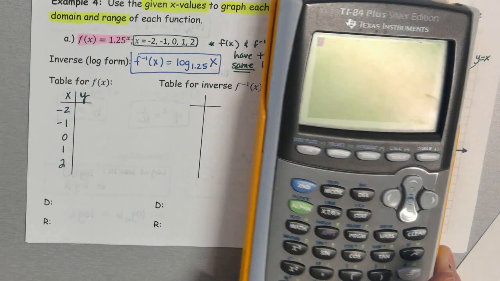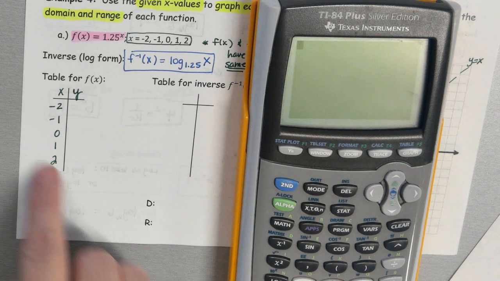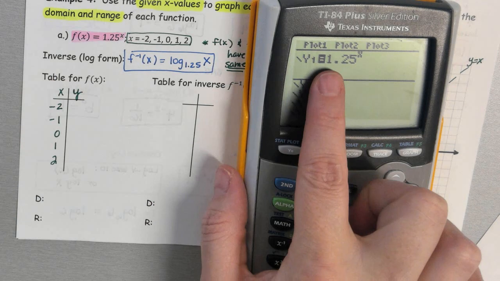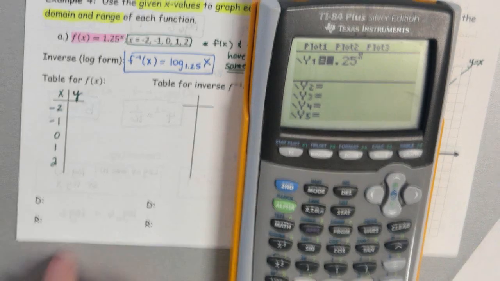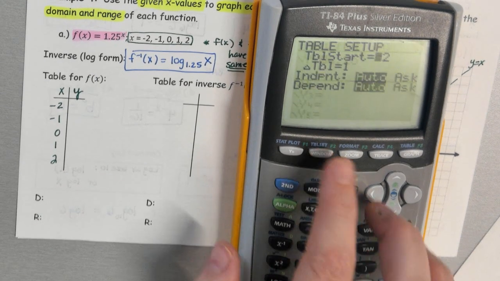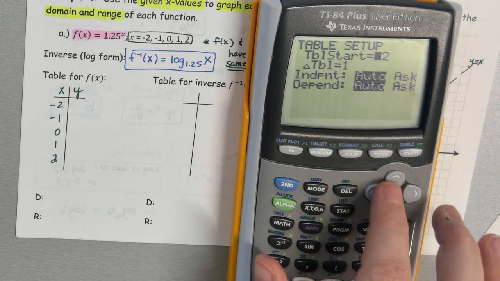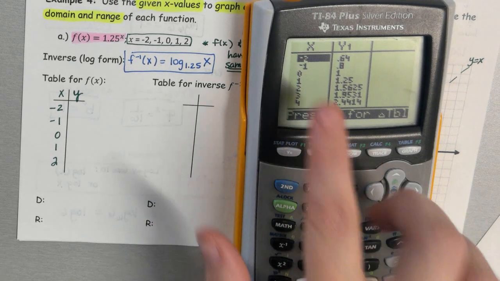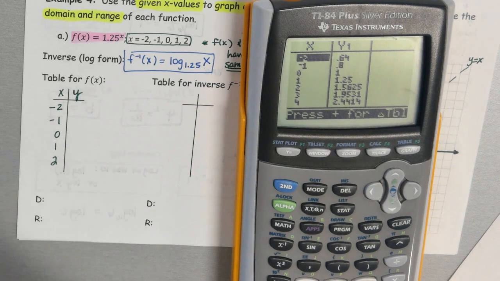Okay, so this is exactly what we did on Monday. What we did is we graphed 1.25 to the x power. We created a table. You might have to go back to your table set and go by ones. It just depends. Okay, so at -2, I'm at 0.64.